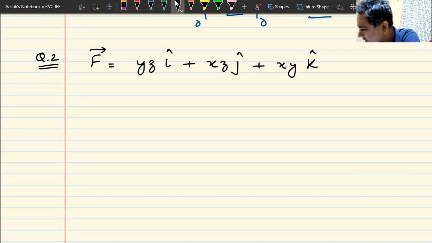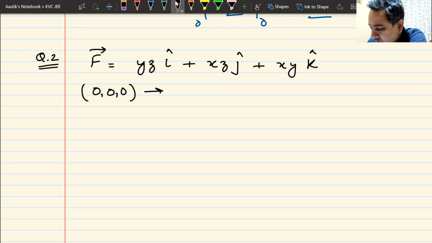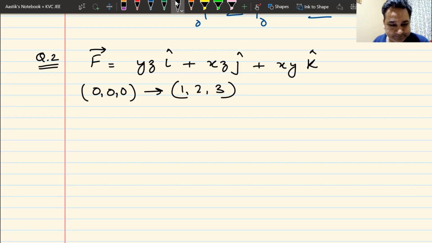It looks quite terrifying. I have to find out the work done by this force from 0, 0, 0 to 1, 2, 3. Best of luck. How will you do this? I'll give you 2 minutes to solve it. If you can do this, well, congratulate yourselves. You have probably done the most difficult problem that can ever come.